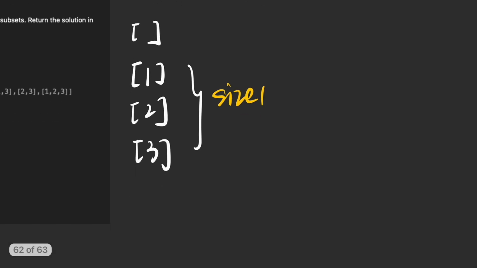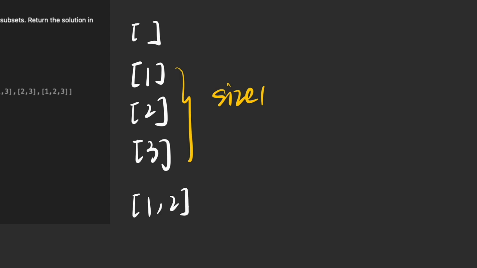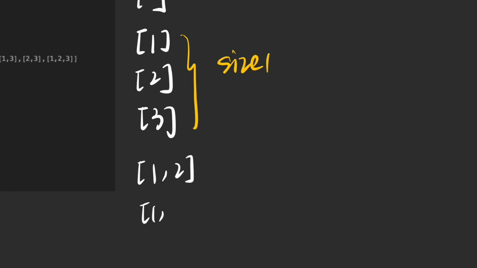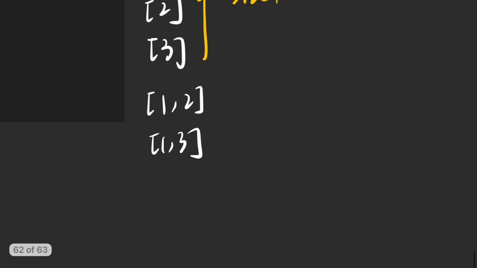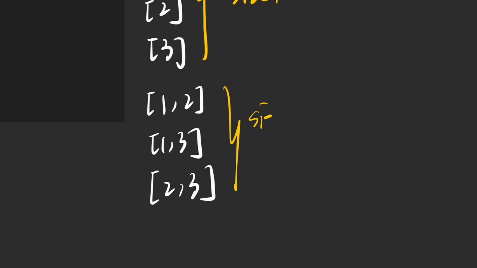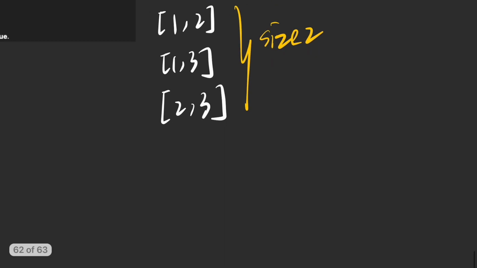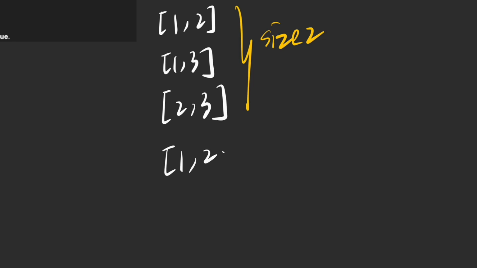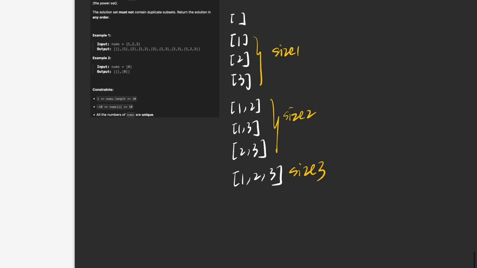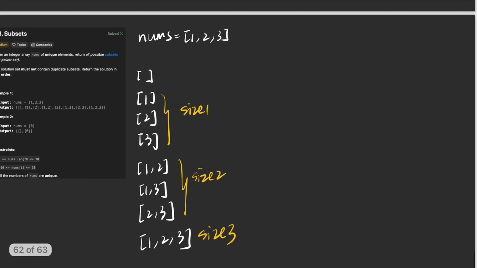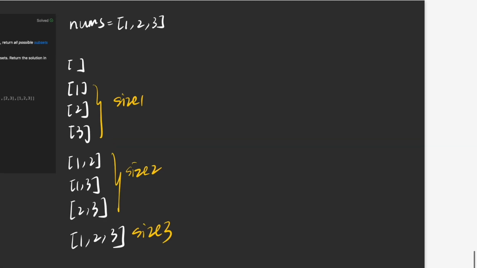And another is 2, and 3. Then size 2: 1, 2; 1, 3; 2, 3. And then we will have 1, 2, 3, and this is size 3. And this is all the possible subsets.